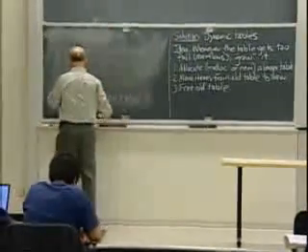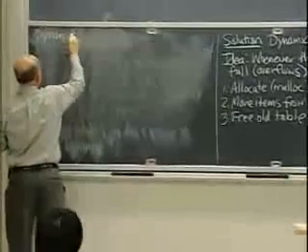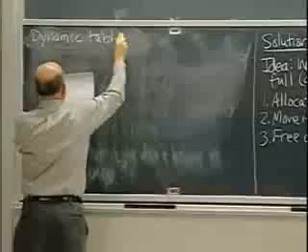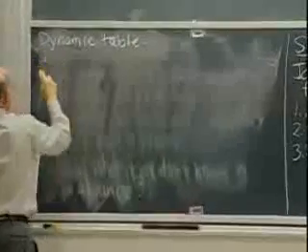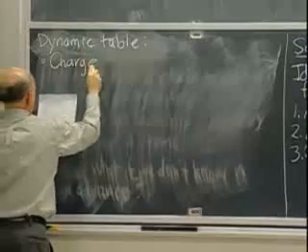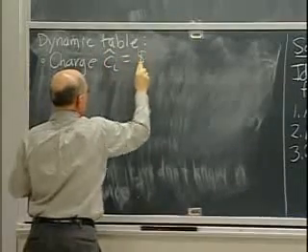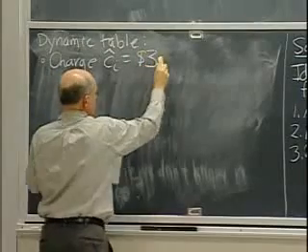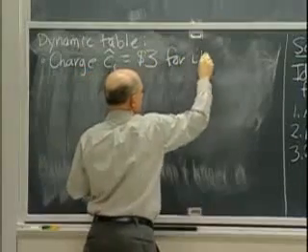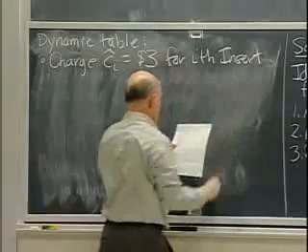So, back to the dynamic table. What we're going to do in this case is charge an amortized cost of $3 for the ith insert, for all i.